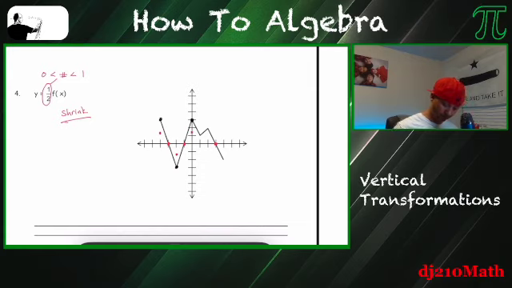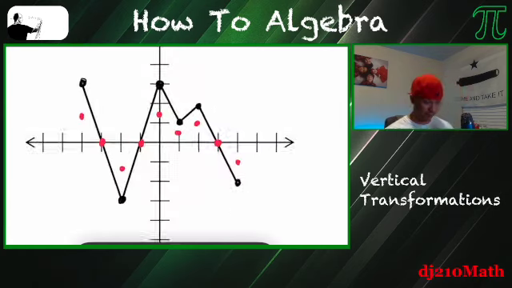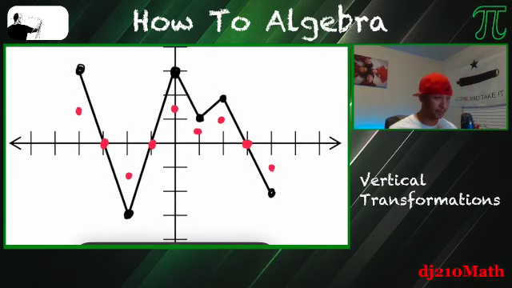Here we have a 1, so that's going to be cut in half. We have 2, that's going to be cut in half to 1. And then -2 will be cut in half to -1. I guess I could have made it bigger for you.